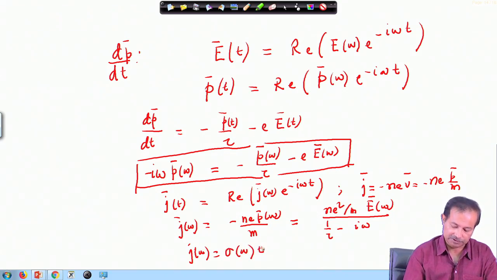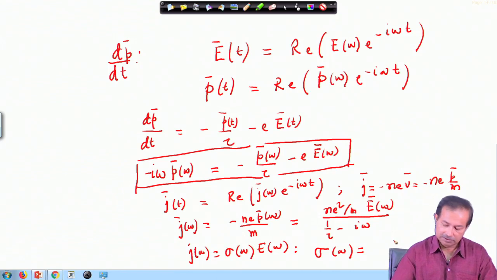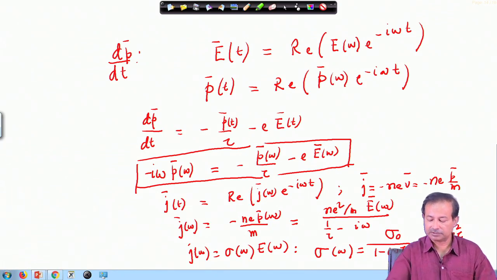Now, everything is frequency dependent, remember, E of omega. We can easily find out that sigma of omega is equal to sigma 0 divided by 1 minus i omega tau, where sigma 0 is n e square tau by m, the good old DC conductivity.